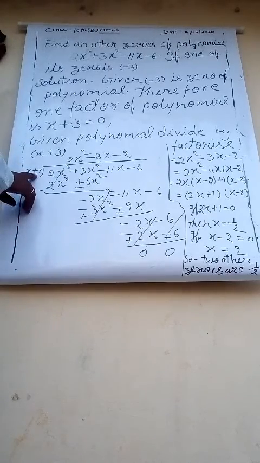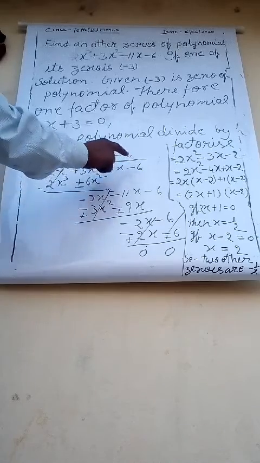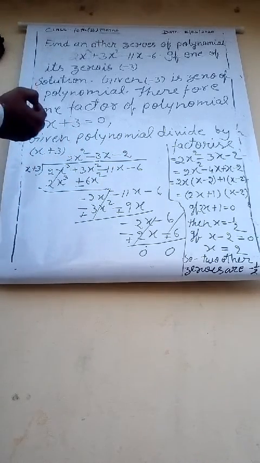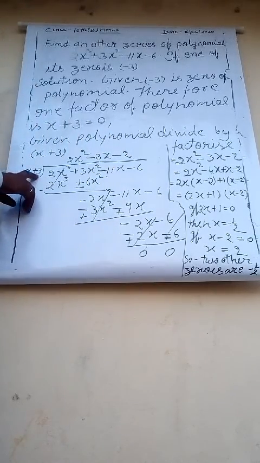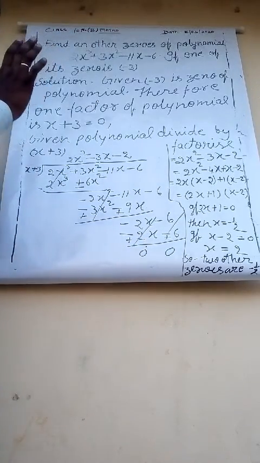Since x plus 3 is a factor of the polynomial, when we divide the polynomial by x plus 3, the remainder is 0, as expected.